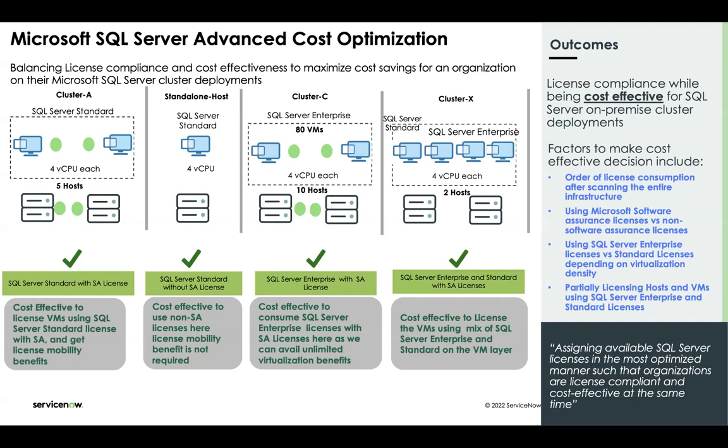However, if you have just got a standalone host, it's more cost effective to license it using a non-Software Assurance entitlement because you do not require the benefits like license mobility there.